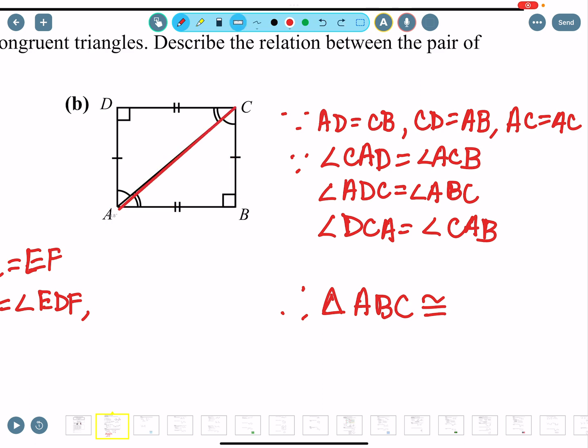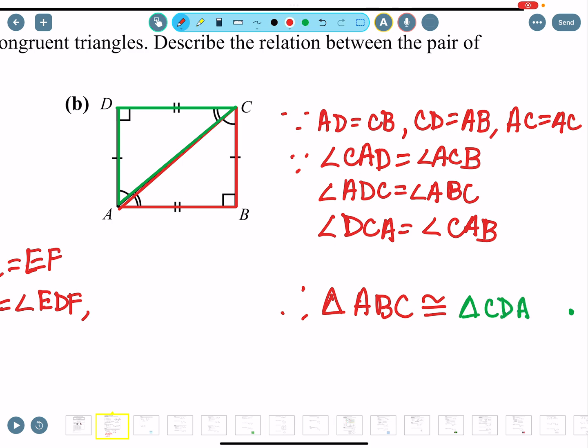Let me color code it for you. So if this one has a double line angle for the red triangle, then the double line angle for the green triangle is C. The right angle for the green one is D, and the last one should be A.